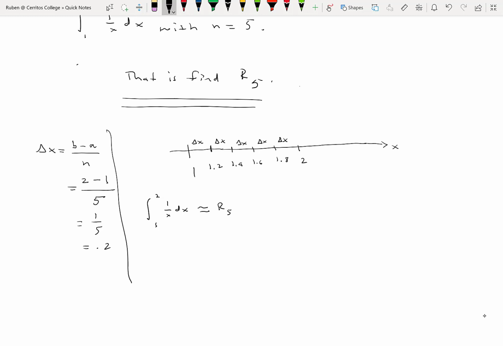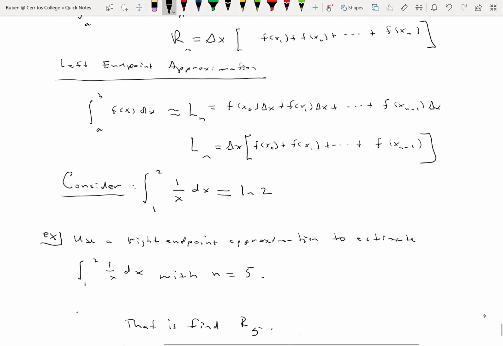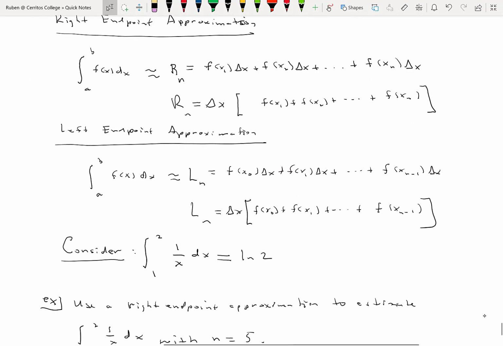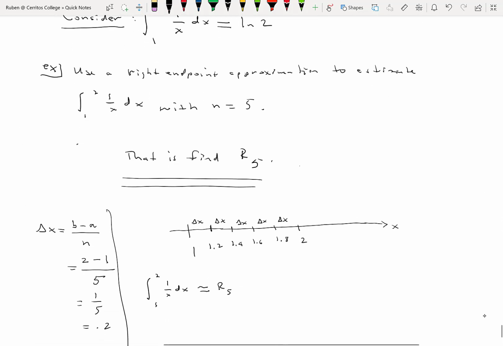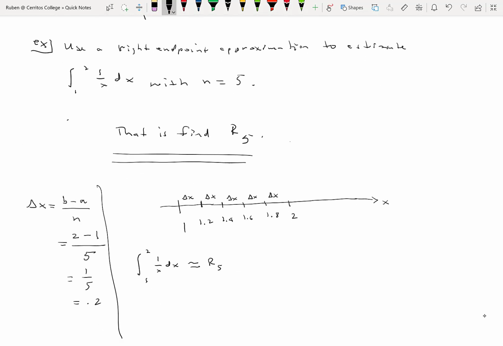And remember our formula for R sub n is delta x times f of x sub 1 plus f of x sub 2, etc., etc., etc. So it's delta x, and n equals 5, so times f of x sub 1 plus f of x sub 2 plus f of x sub 3 plus f of x sub 4.